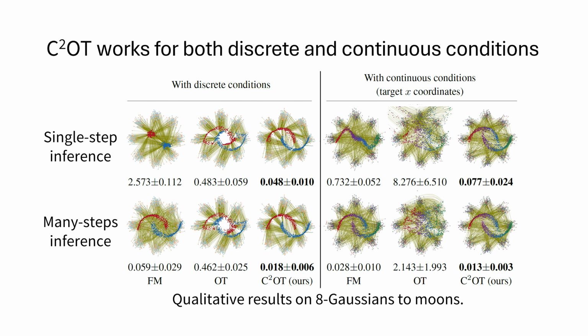Baseline flow matching fails to produce reliable results with a single step because the paths are too curved. Optimal transport methods produce poor quality samples in both the single-step and the many-step cases because of the aforementioned prior skew. We have conducted more experiments in the paper on the CIFAR10 and ImageNet datasets.